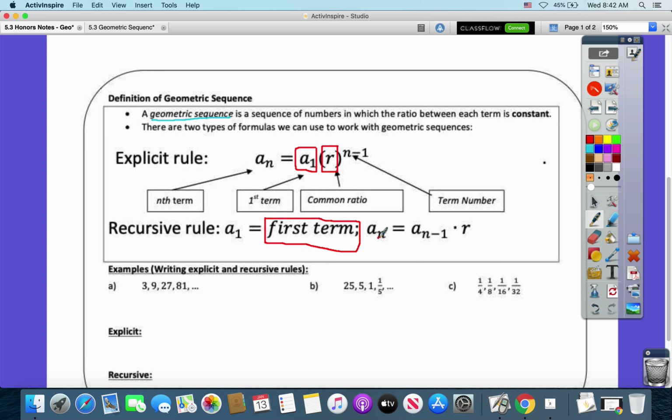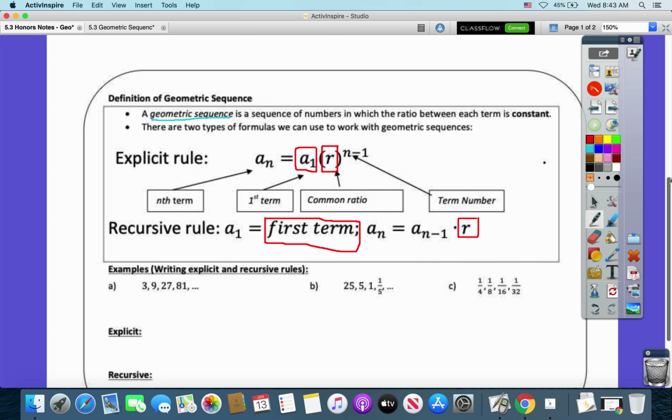And then the second part of it is a sub n equals a sub n minus 1 times r. And again, you just need to plug in the value of r. So on either sequence rule, we are just plugging in the first term and the common ratio to write those rules.